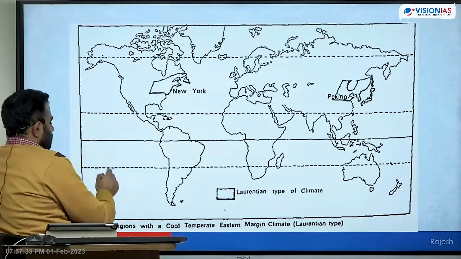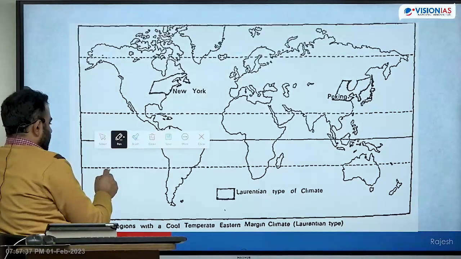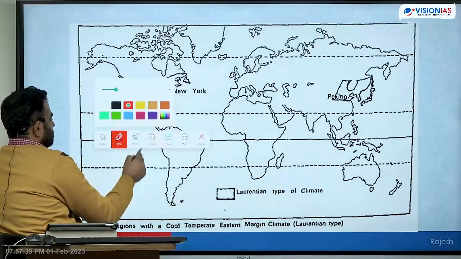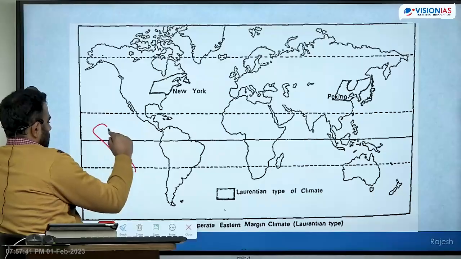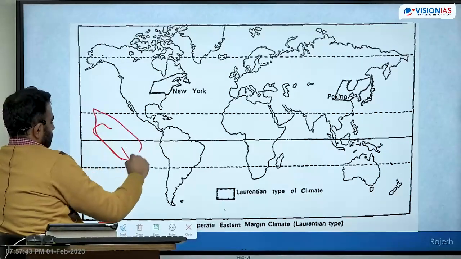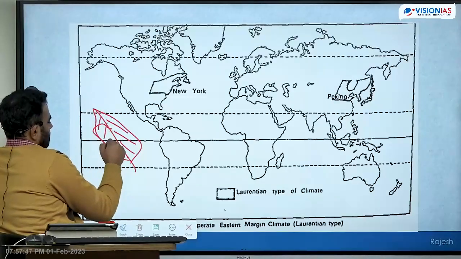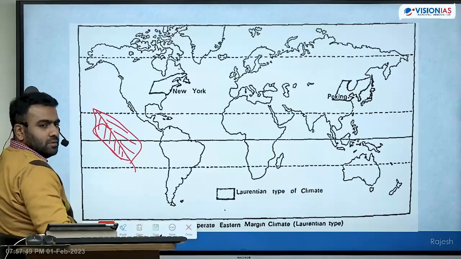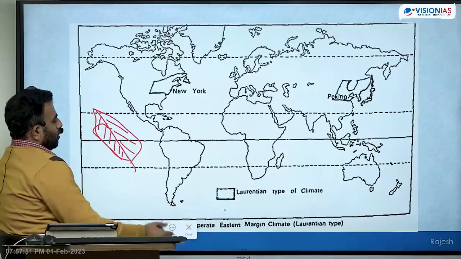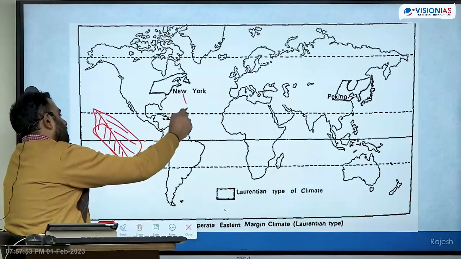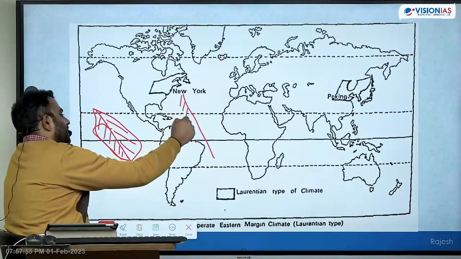Broad leaf मतलब जो हमारे यहाँ होता है, the leaf is broader, right? This is how we have the leaves. What about coniferous? Coniferous will have needle-like leaves.